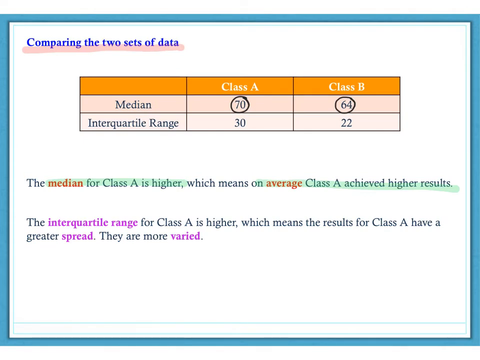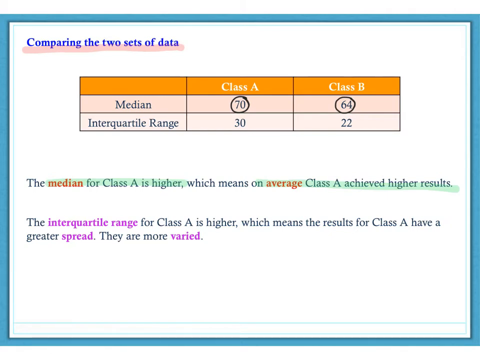Now, that does not mean every single person in class A achieved better results than every single person in class B. What we're saying is that on average, class A performed better because their median, which is a representation of the class average, is higher. So we're just making a generalised interpretive statement about what the median tells us.